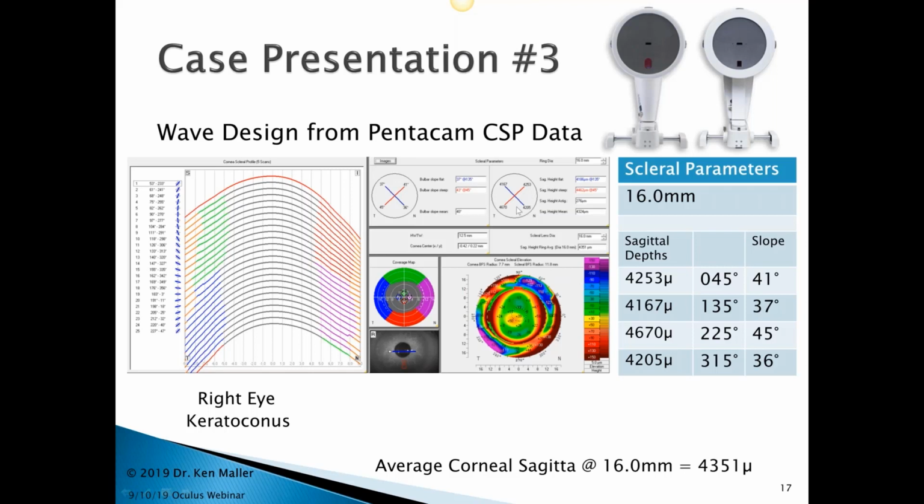Anyway, taking a look at this, once again, we have this sort of oblique axes for the principal meridians. They're exactly at 45 and 135. And although it's 16 millimeters, we have an average of about 4,300 microns. We can see once again down at the bottom at 2 1/4, we have 4670.